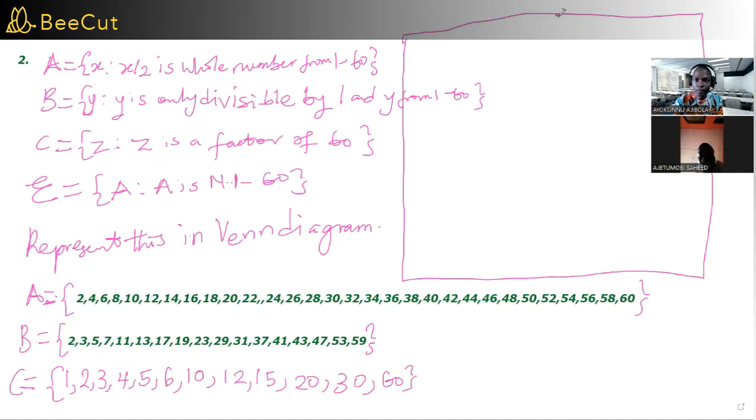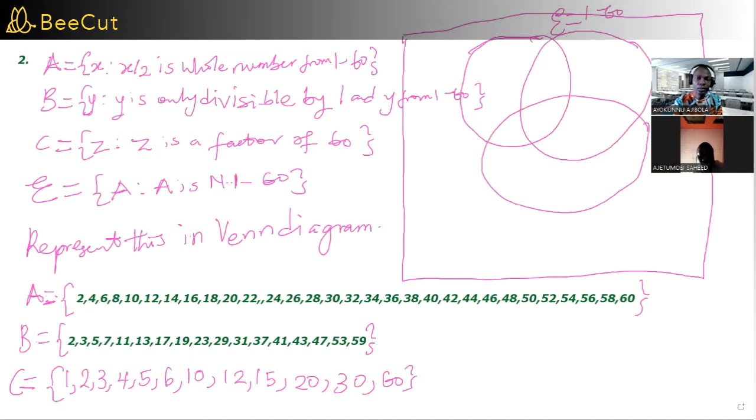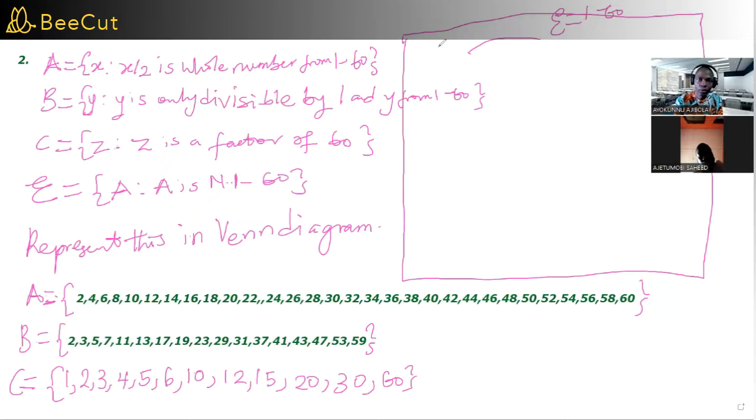So my universal set is up to 60, and let's assume this is the circle of A, and this is the circle of B, and this is the circle of C. A, B, and C. But I doubt if this is going to contain it, so let me make it a little bit bigger.